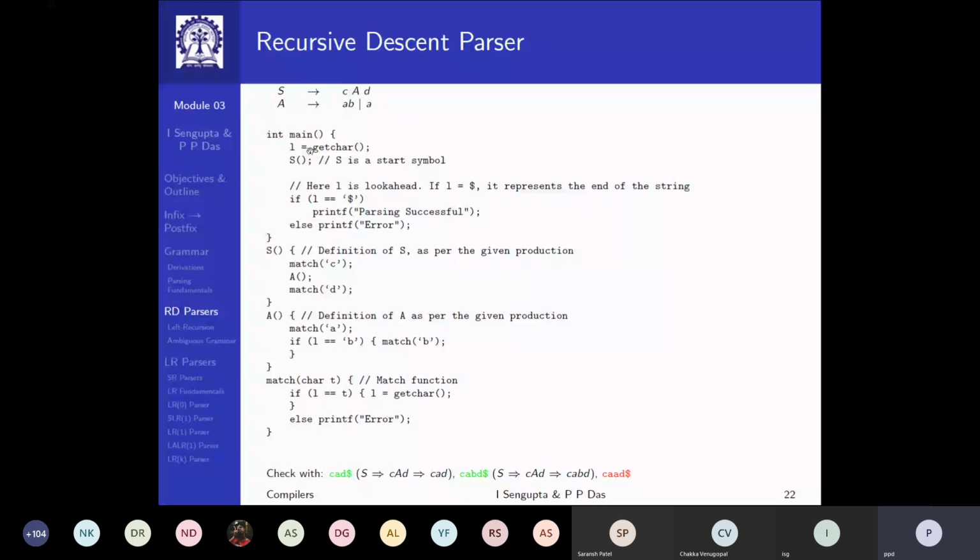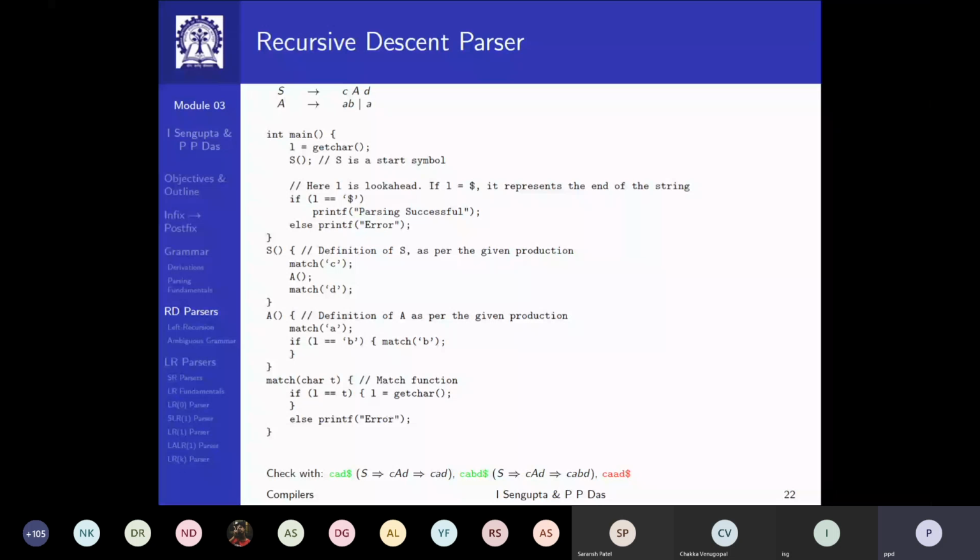So you read the first input character with getChar, and then you have a function corresponding to the start symbol S, and you call that function. What you expect is that this function will keep going through the leftmost derivation process and keep matching your input as it goes. That's the simple logic.